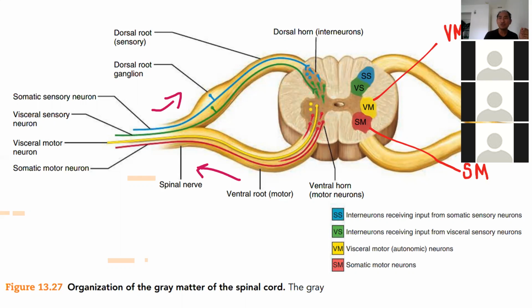So these are the somatic sensory. And visceral sensory are the sensations coming from the visceral organs, like our stomach being stretched because we have eaten a lot of breakfast. So that stretch sensation will come along the visceral sensory neuron.